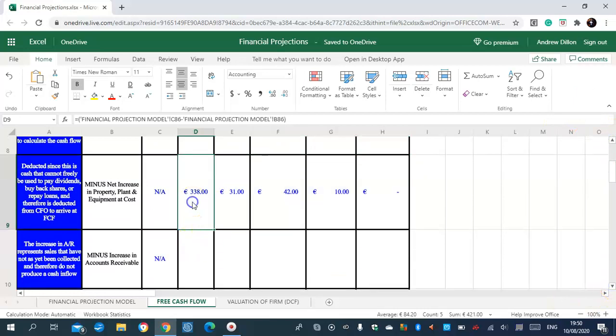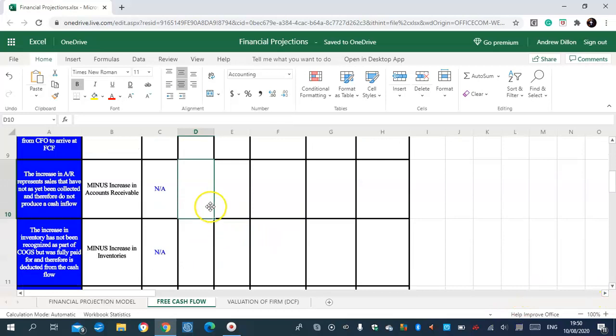Right, that's correct. So that's how you calculate the minus net increase in property, plant, and equipment at cost. Financial projection model, exclamation mark, C86 minus the same heading again from B86. Okay, let's move on to the next heading.